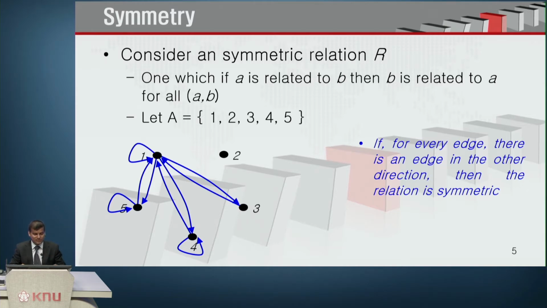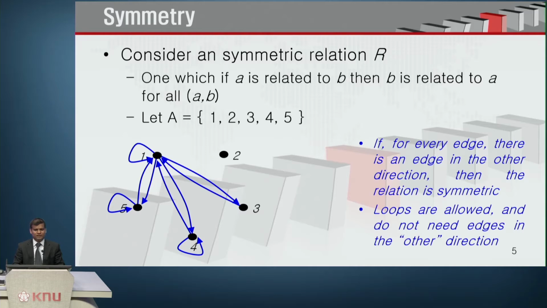That reflects the symmetric property. Loops are not allowed in this part, and do not need an edge in the other direction. Note that this relation is neither reflexive nor irreflexive.